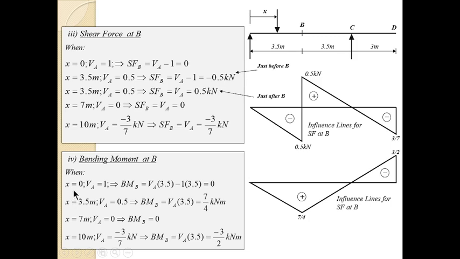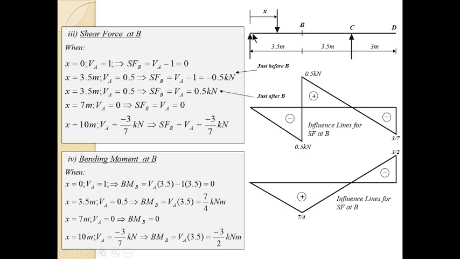So we go again. When x equals 0, that means the 1 kilonewton load is directly on top of VA. What will be the bending moment? If you stand at point B, there will be two forces to the left of point B, which are the reaction at A and the 1 kilonewton load, which is directly on top of VA.